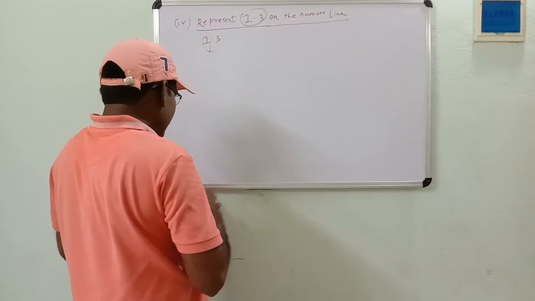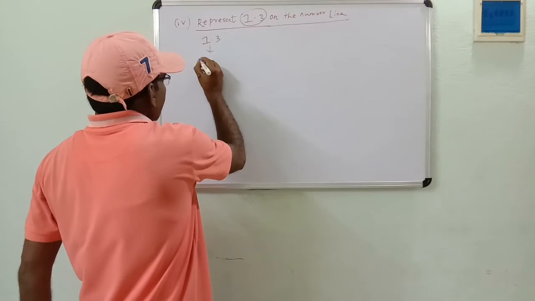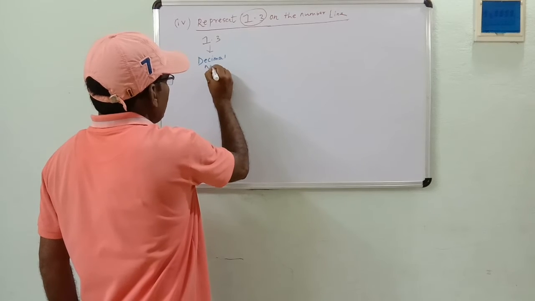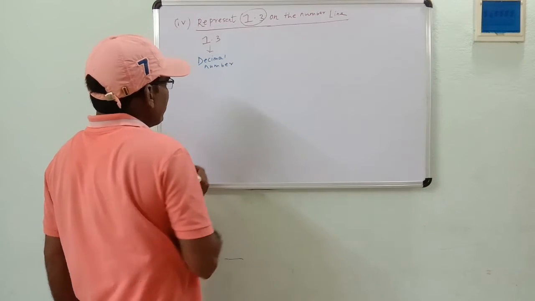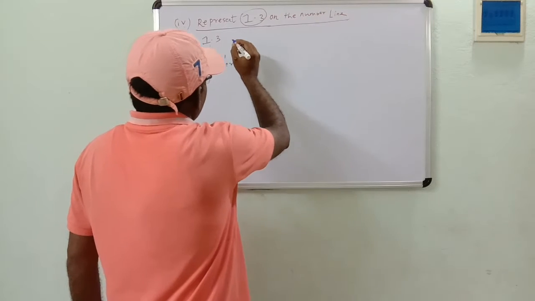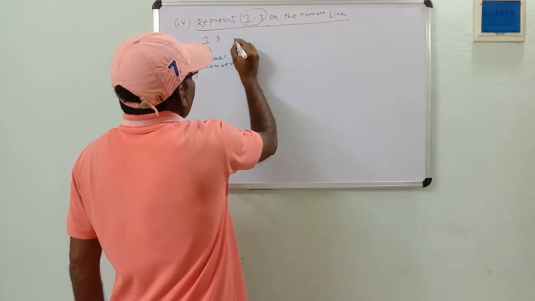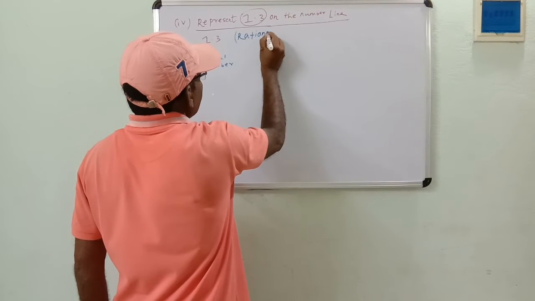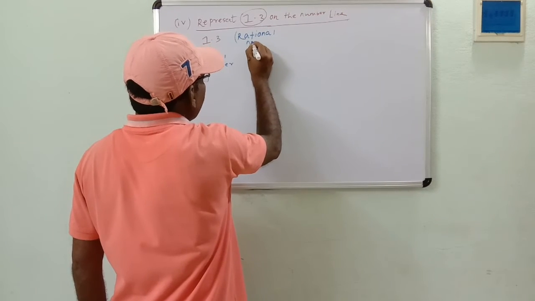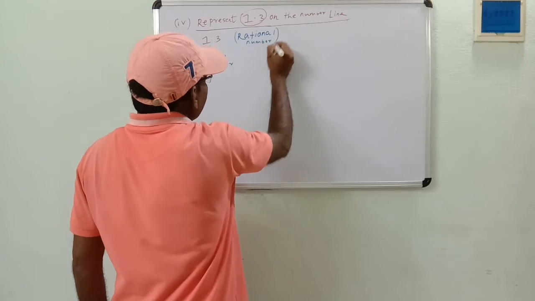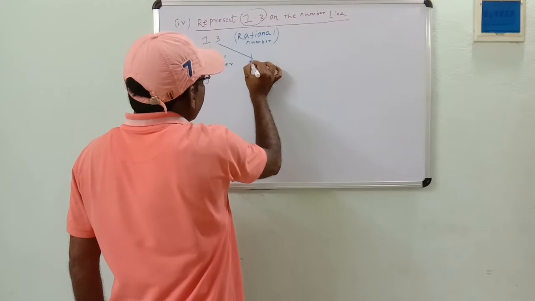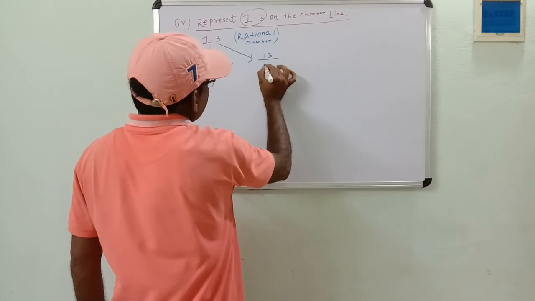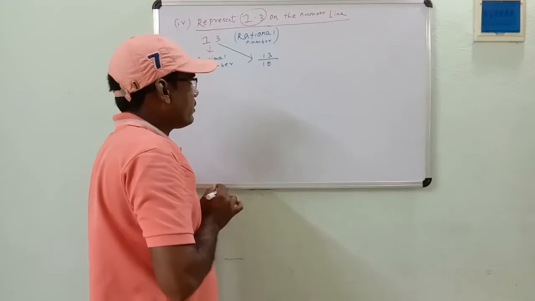Actually, it is a decimal number, but we can call it a rational number because it can be converted into p by q form, that will be 13 by 10.